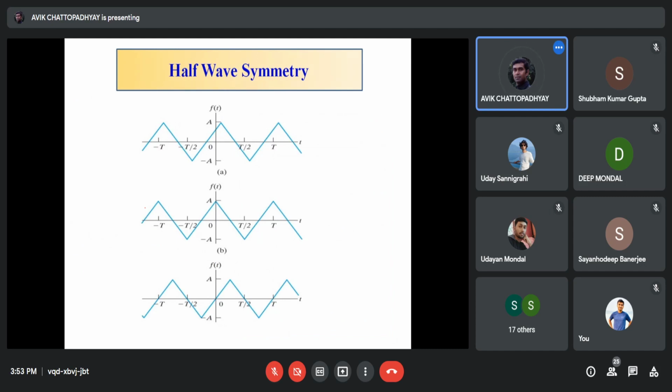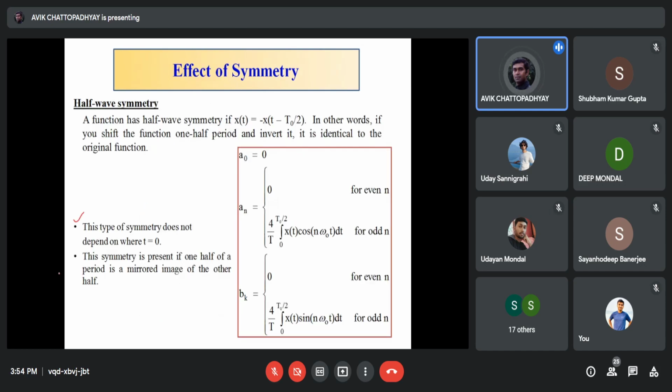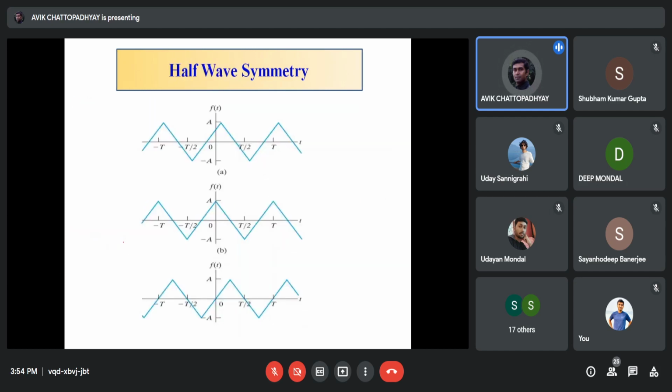But now consider, one type of signal has been drawn in 3 different ways, depending on your position of t equals to 0, that means the position of the vertical axis. Look at the position of the vertical axis for the first case here, in the second case here, in the third case here.